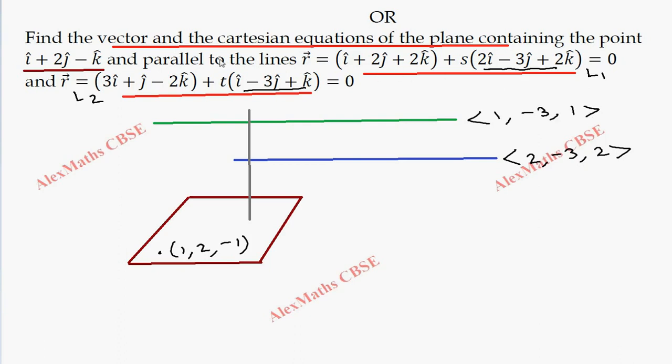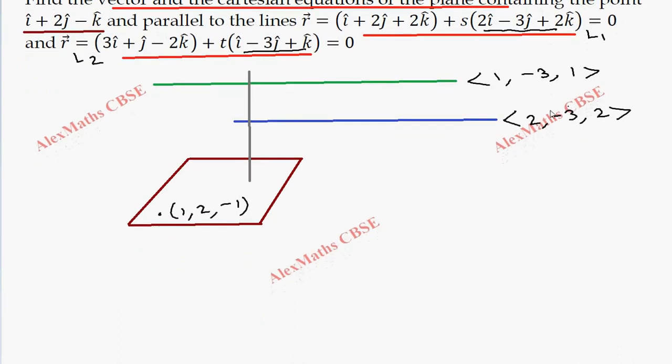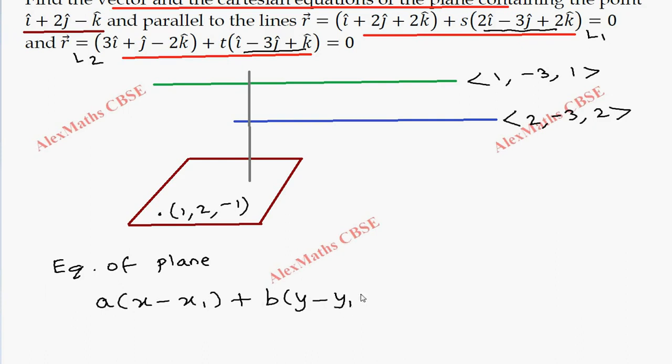Now we are going to write the equation of the plane in the general form. So equation of plane is a into x minus x1 plus b into y minus y1 plus c into z minus z1 equal to 0.